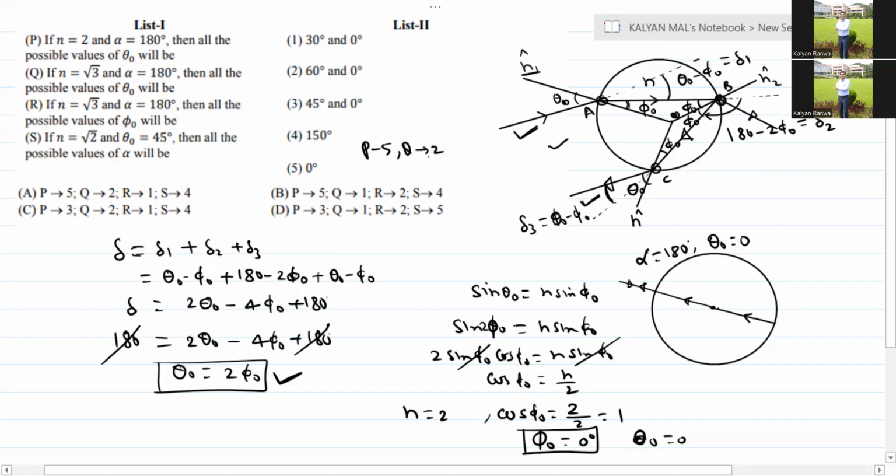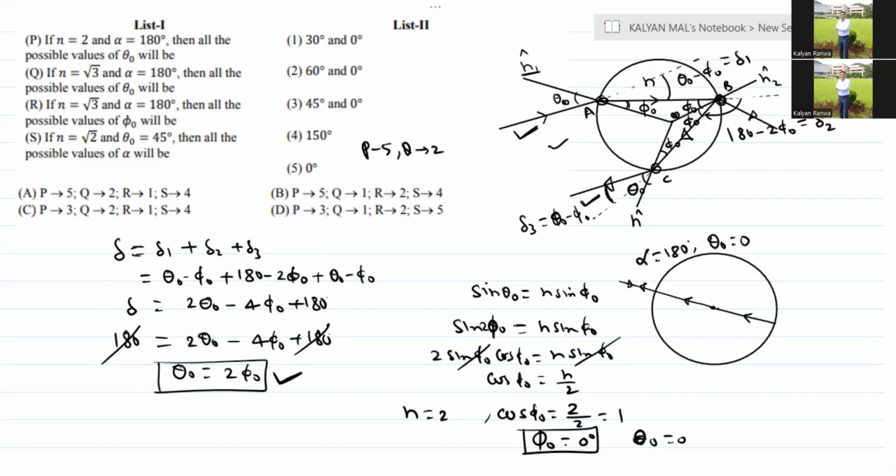Okay. 3, in case of 3, if n equals root 3 by 2 and alpha equals 180 degree, then all possible values of phi naught will be. So in the R options, the phi naught value is mandatory to calculate.